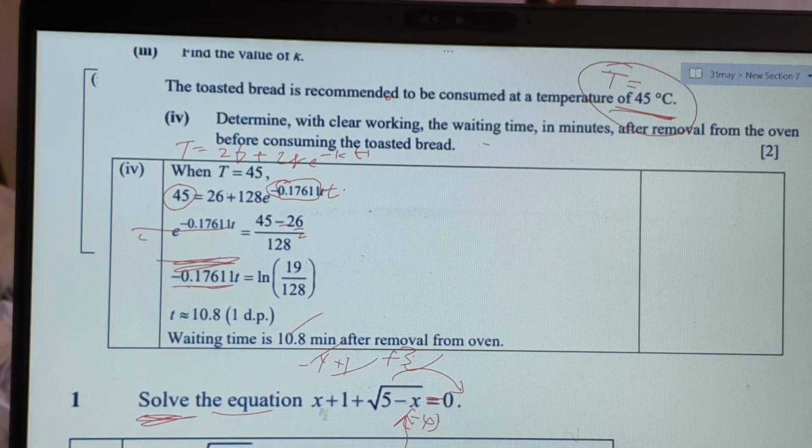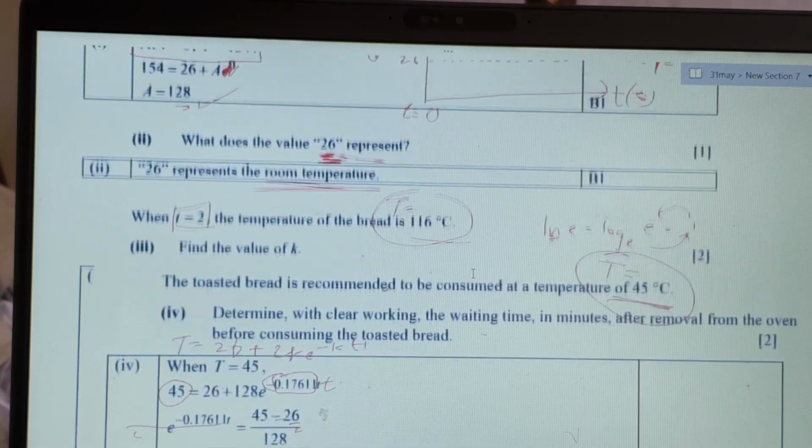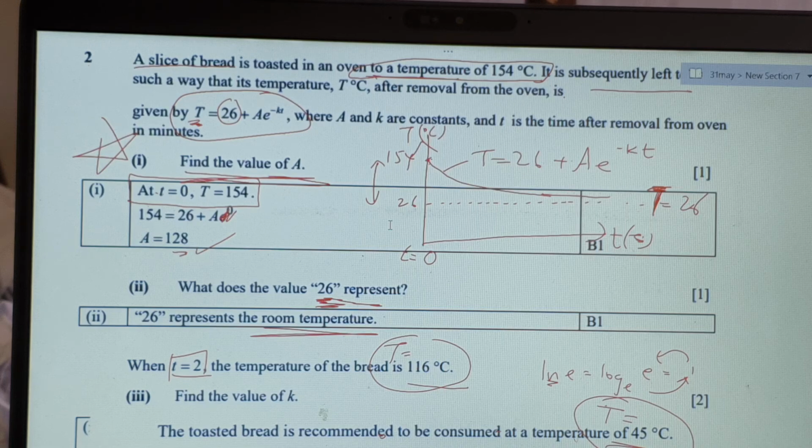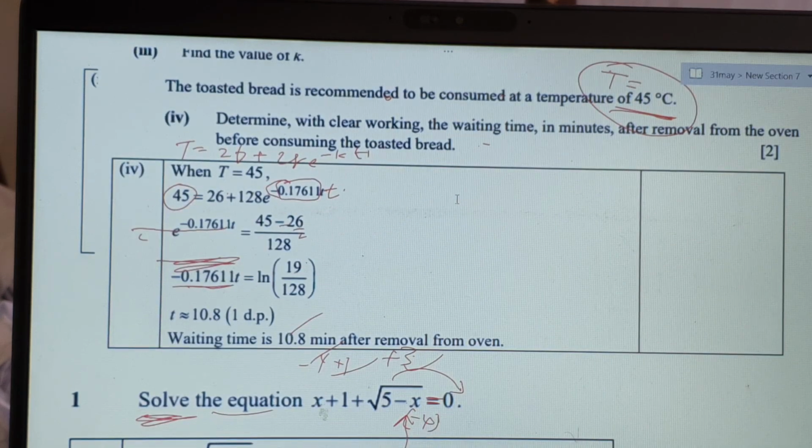Okay, very simple. Now, they sometimes like to ask you whether it will ever reach a certain temperature. So you need to explain it in this way. How to explain?